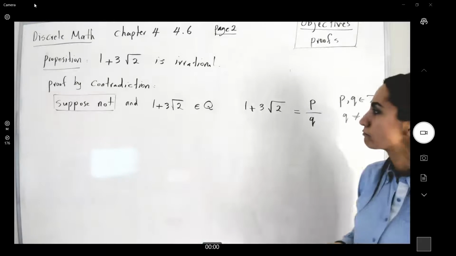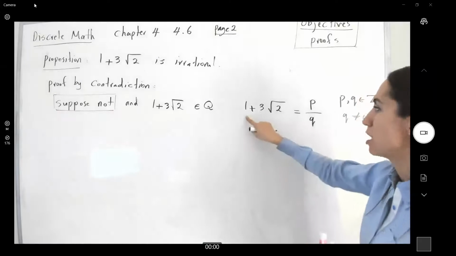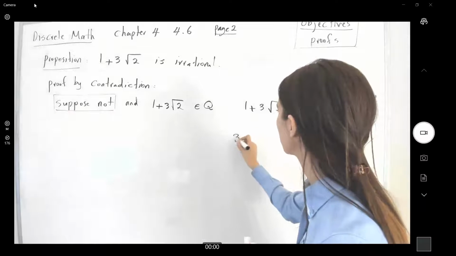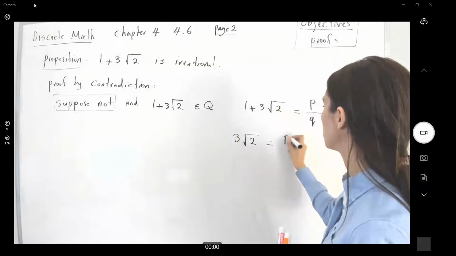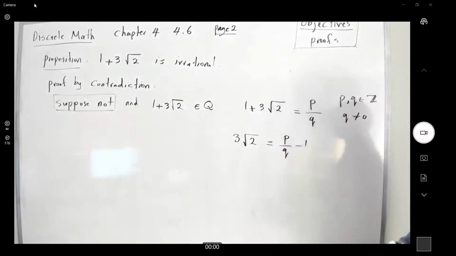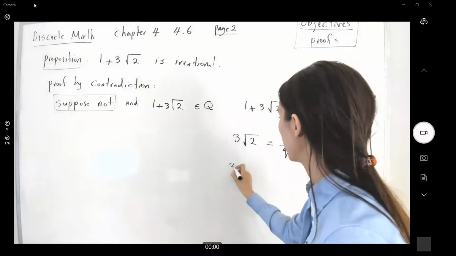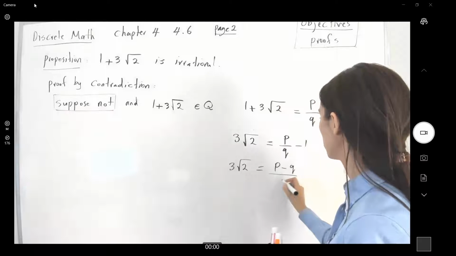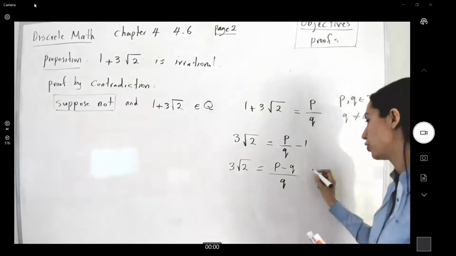Let's just work on some basic algebra. I'm going to subtract 1 from both sides. What I get is 3 times square root of 2 equals p over q minus 1. Here I can take a common denominator: 3 times square root of 2 equals p minus q divided by q, which is still a rational number.